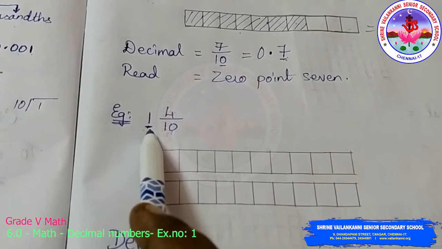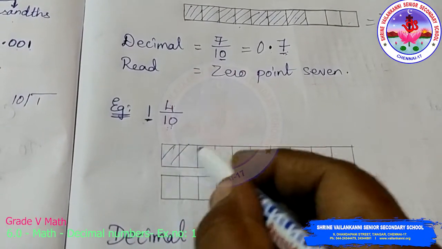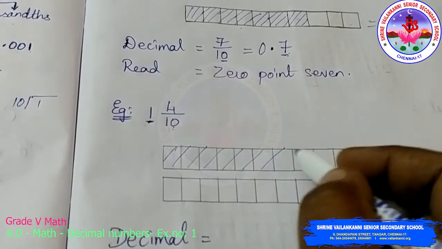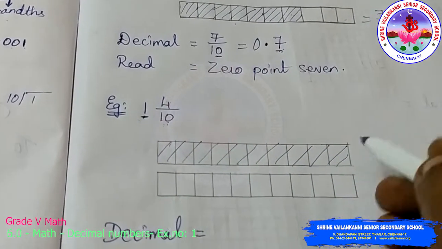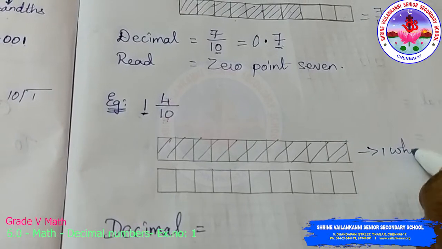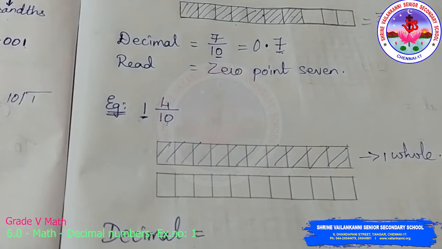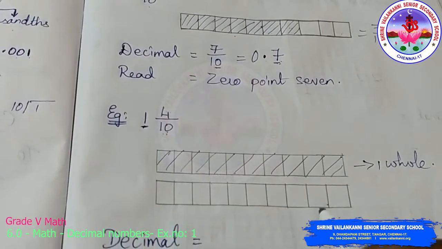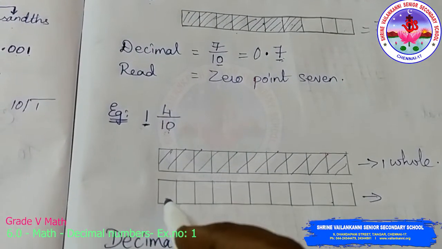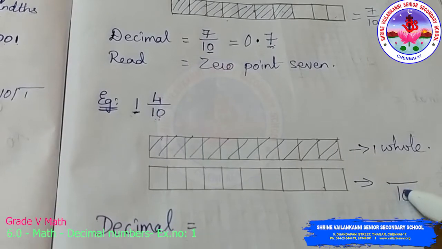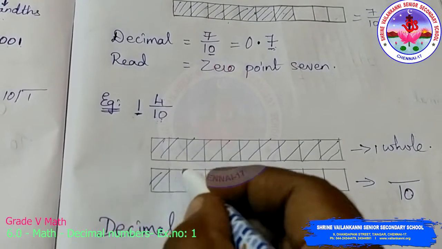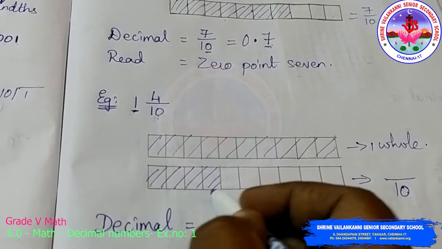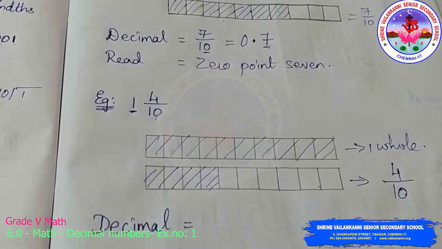The one whole can be denoted as one whole shape. This is one whole. Now from the 10 parts, 4 by 10 we are going to show. 10 parts is your denominator and 4 parts, the numerator, you have to shade.